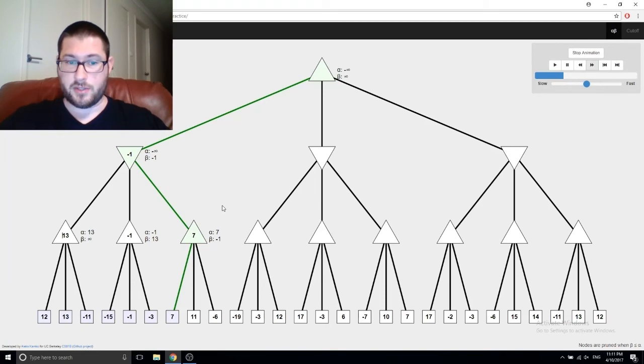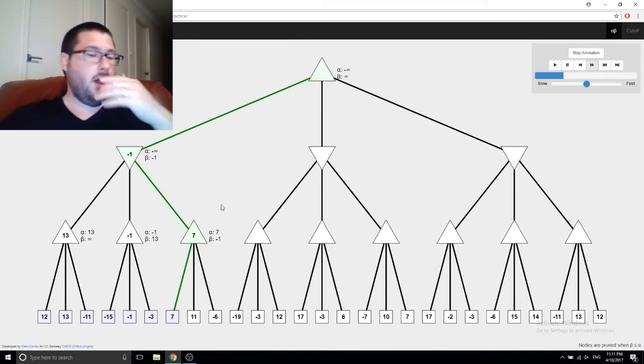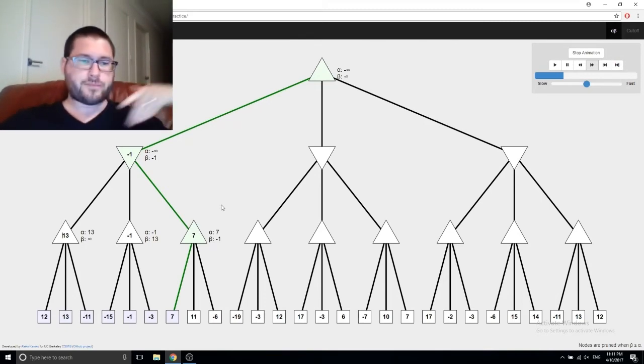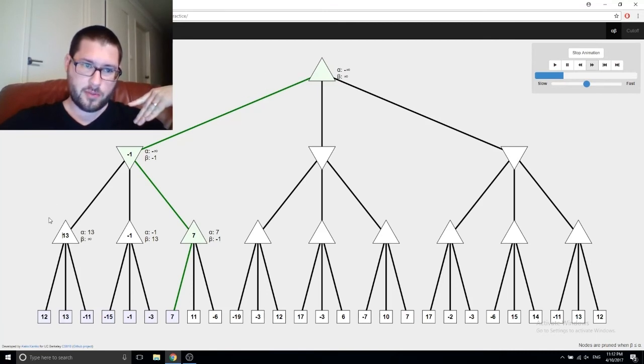Okay, now something interesting happens here. The range between the alpha and the beta represents the range of possible values that the currently explored branch can take.